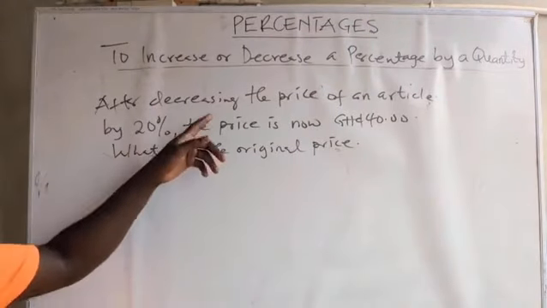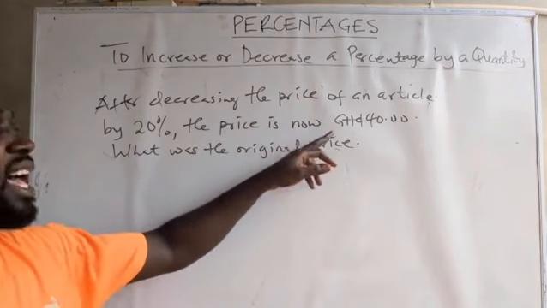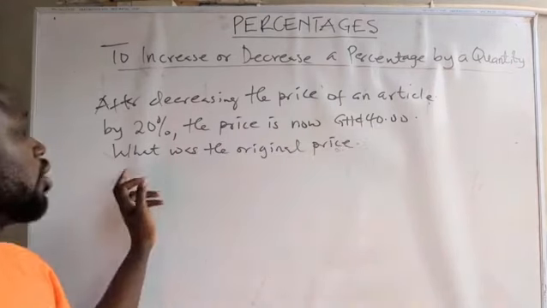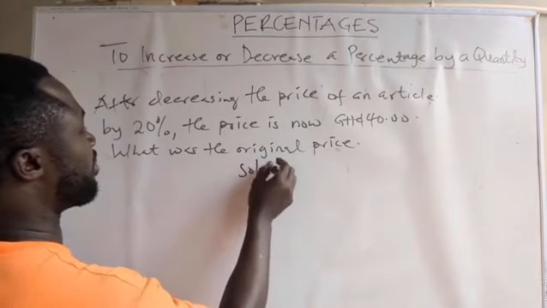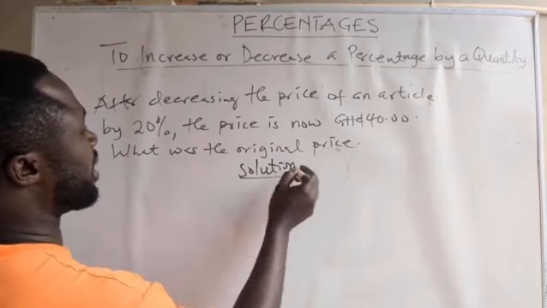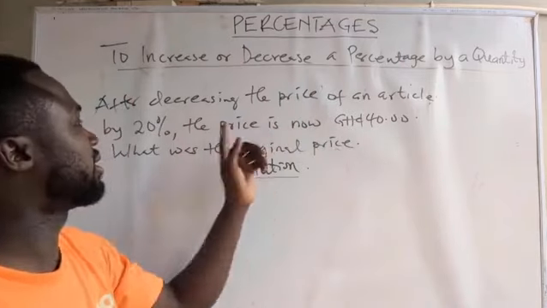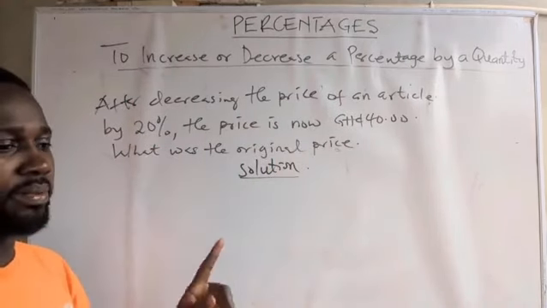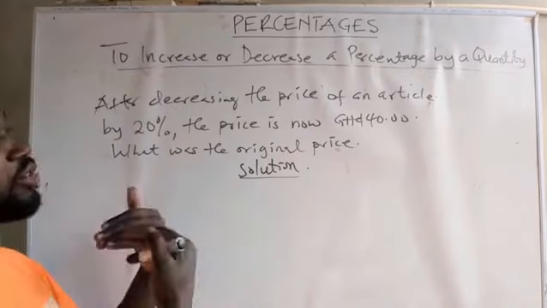After decreasing the price of an article by 20%, the price is now 40 Ghana cedis. What was the original price? So now we are going to look for the original price, which is 100%. After decreasing the price of an article by 20%, it means that the original price was 100, and it was decreased by 20.